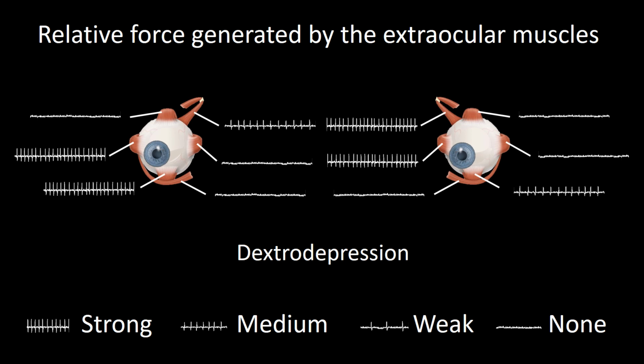Notice that on the right, the lateral rectus and the inferior rectus contract strongly, whereas the superior oblique less so, while on the left, the medial rectus and the superior oblique contract strongly, while the inferior rectus contracts less.